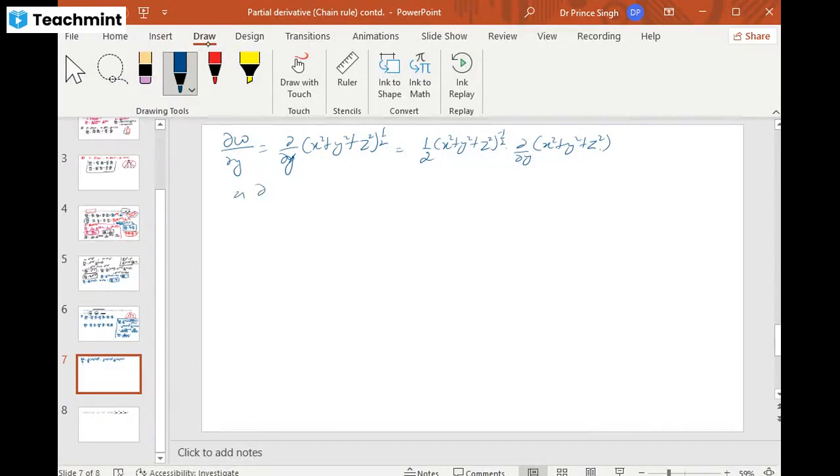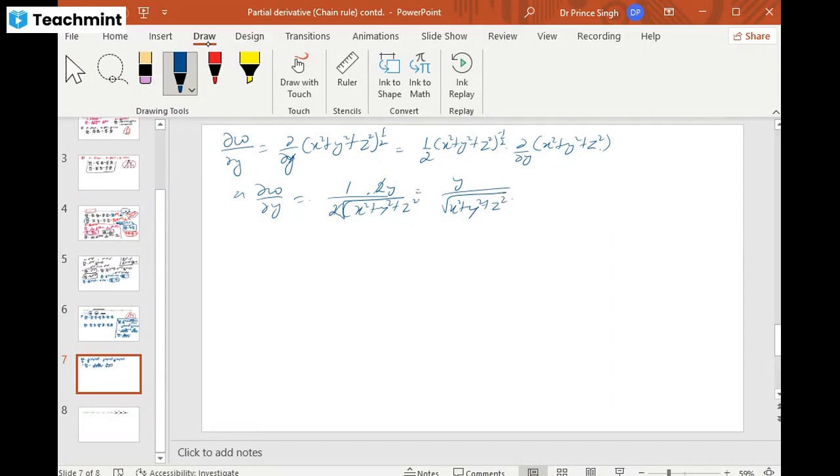So ∂w/∂y comes out to be 1 upon 2 square root of x² + y² + z², into 2y. So 2 and 2 cancel out. So it is y upon square root of x² + y² + z².